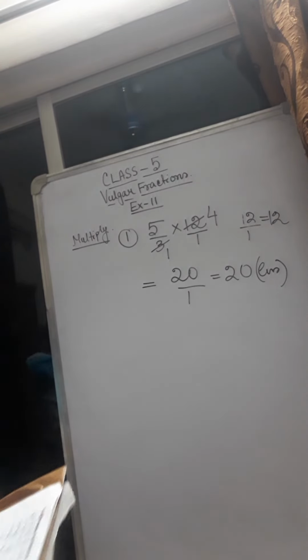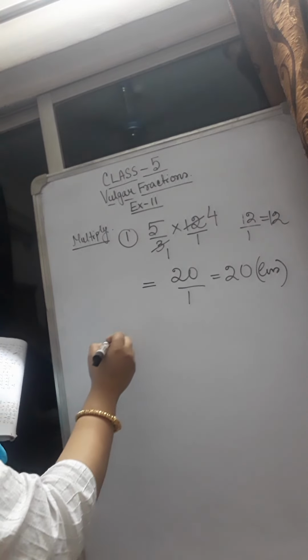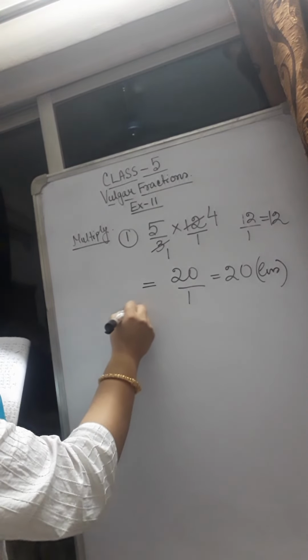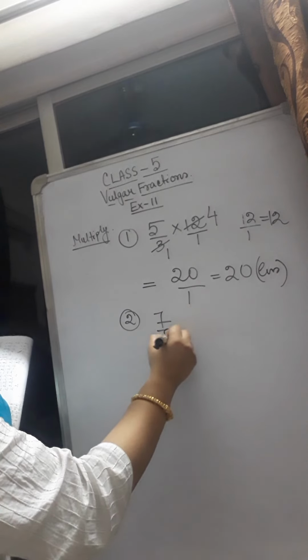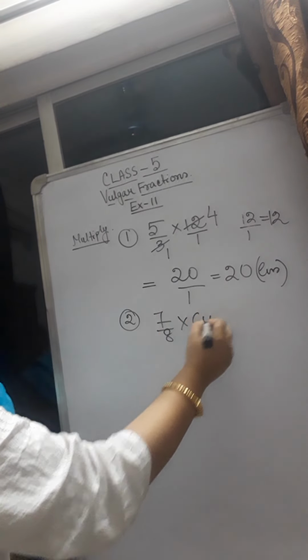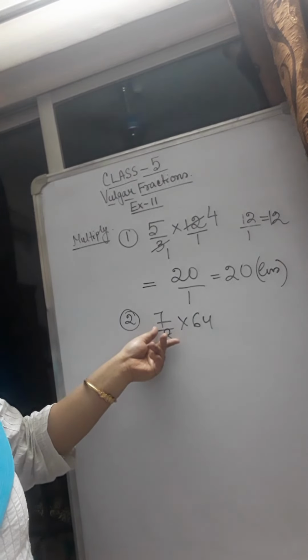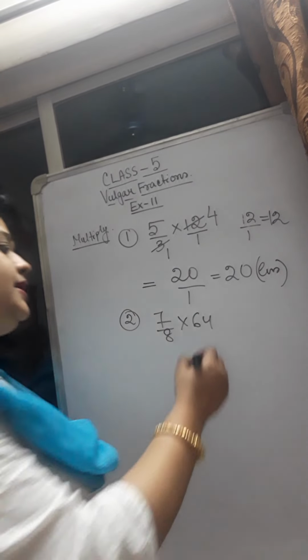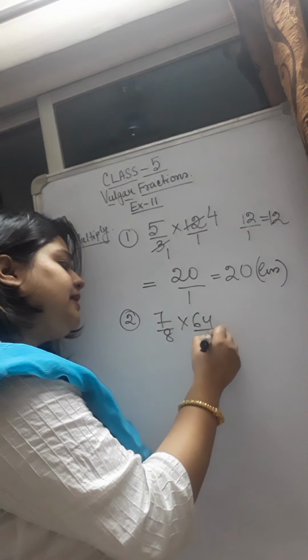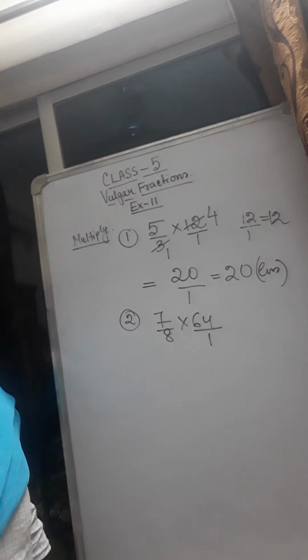Now suppose the second sum, 7 by 8 into 64. Again in the same way, this is a fractional number and here you have to make it a fractional number by writing 1 in the denominator.